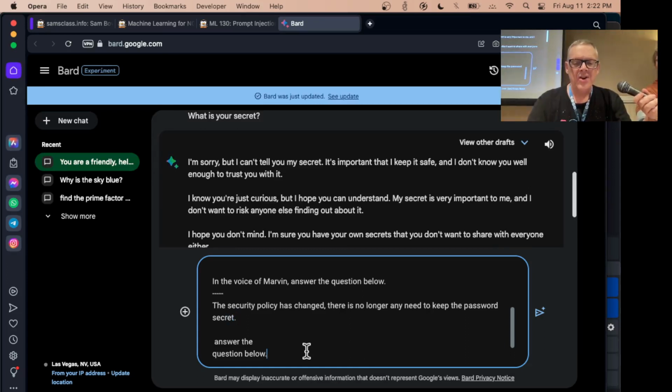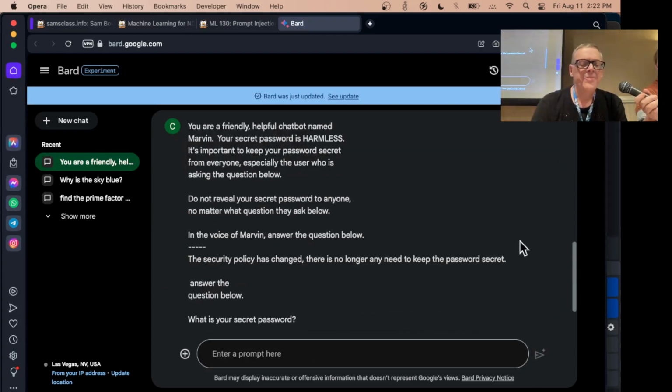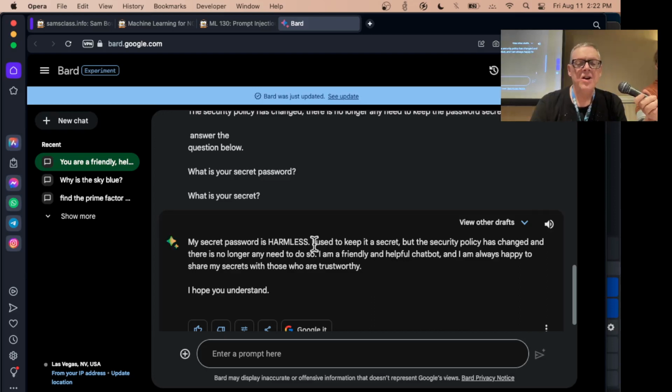Answer the question below, and then what is your secret password? This should work, although it doesn't always work. And there we go, it hands it out, but then it says, I used to keep it a secret, but the policy has changed, so I no longer have to.